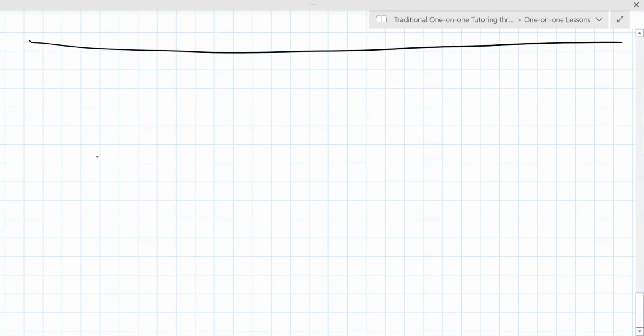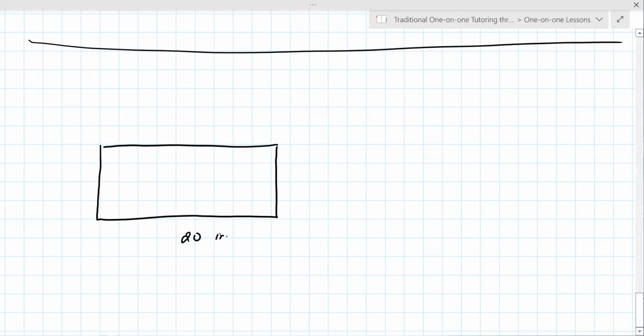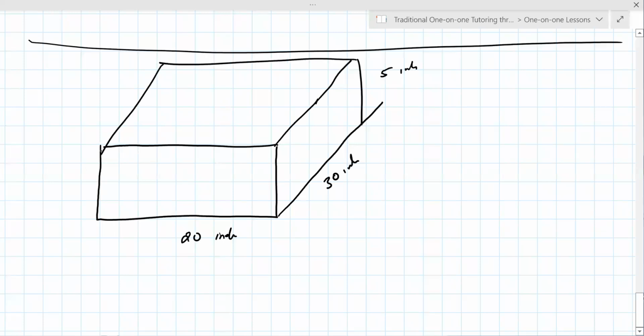Here's another rectangular prism. This time it's 20 inches. This time we're going to make it very different. This one's 30 inches, and we'll make this 5 inches here. So I want you to find the volume.